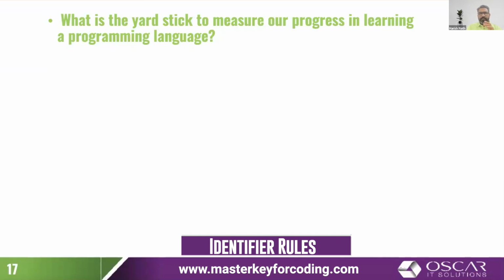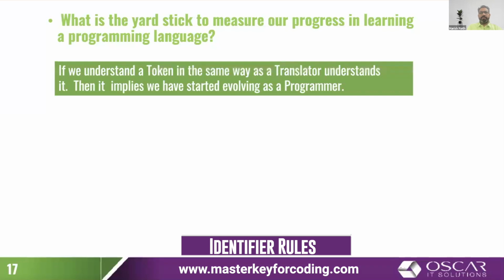There's a yardstick to measure your progress. If you understand a token in the same way the system understands it, then you're actually becoming a programmer. This is very, very crucial. If you get this understanding, you don't have to learn each language separately. You can switch from any language to any language. That's the key.